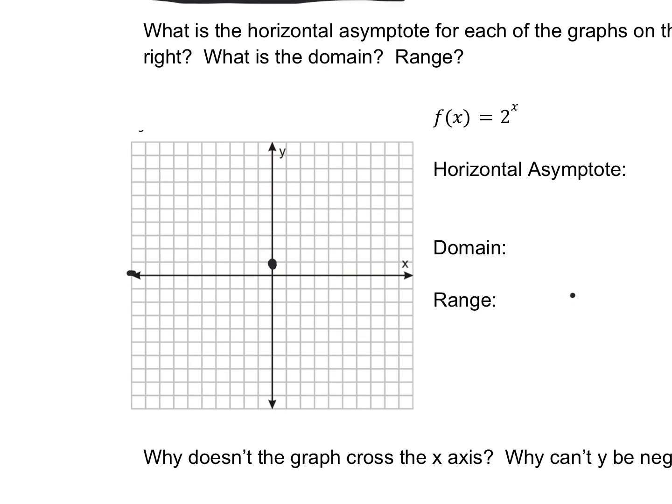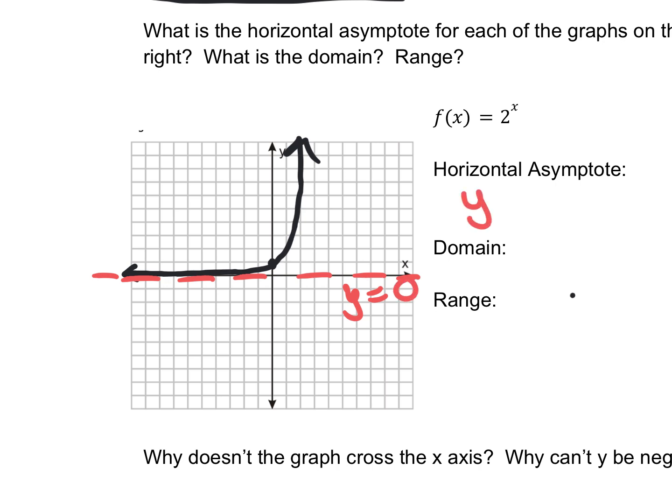And it looks like this, where it is very close to our x-axis, and then it shoots up just like that. And even if you expand your graph out and things like that, that graph will never cross the x-axis. So we actually have this, what's called a horizontal asymptote at y equals 0.